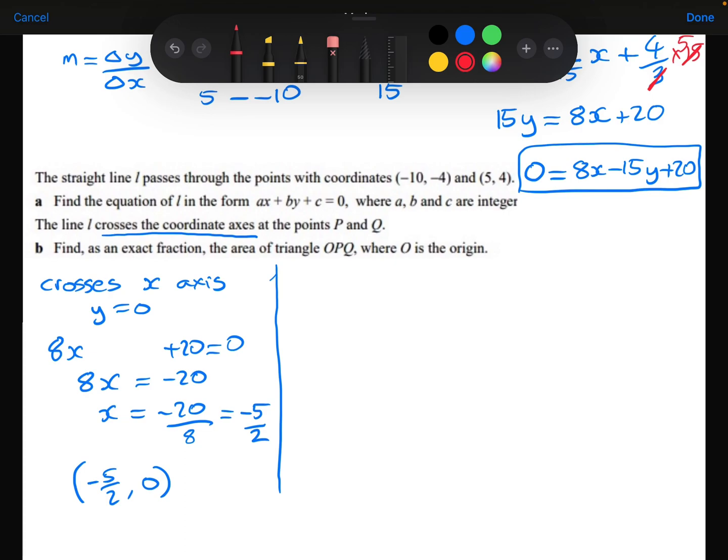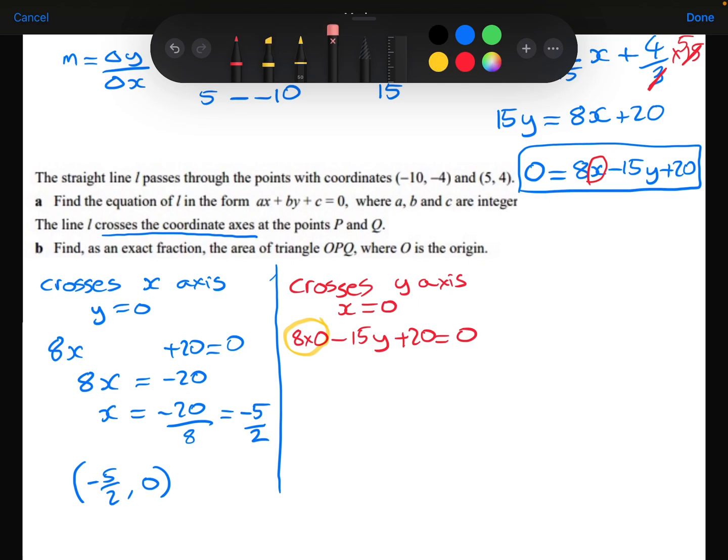Right, what about where it crosses the other coordinate axis? Where it crosses the y-axis? Well, we know that's going to be when x equals 0. So if I now make x 0 here, I'm going to get 8 times 0 minus 15y plus 20 equals 0. And obviously the 8 times 0 is just 0.